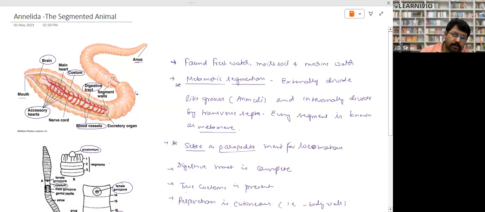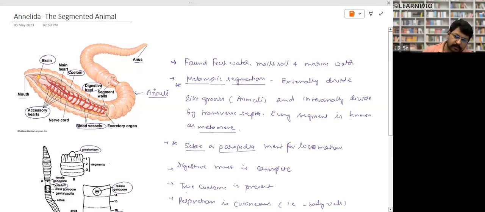Full stop. These grooves are called annuli.